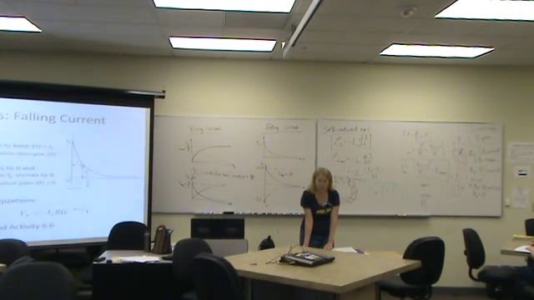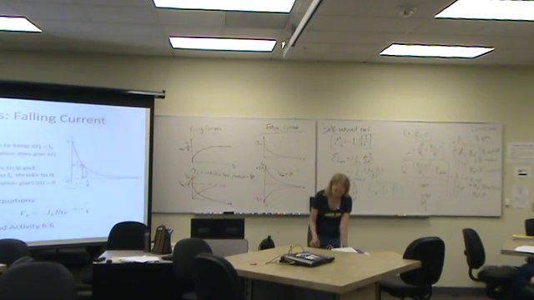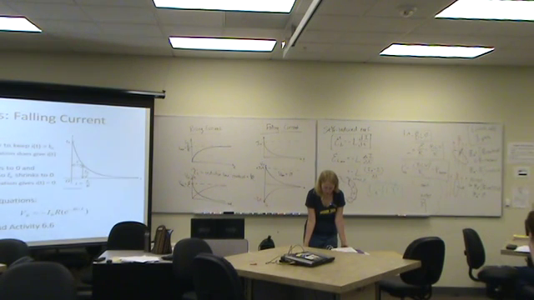So, given the setup, what are we dealing with? Rising current or falling current? At what point in time? After the description. So after these events have happened? Falling current if the battery is taken out? Yeah. After they've opened S1 and closed S2, the battery is no longer part of the circuit, so we'd have falling current.